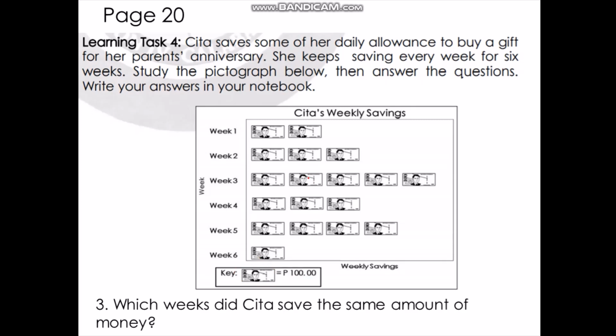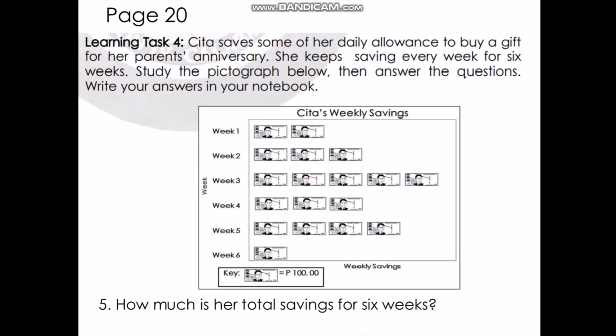Next, number 3, which weeks did Sita save the same amount of money? What are the 2 weeks that Sita saved the same amount of money? Number 4, which week did she save the highest amount?